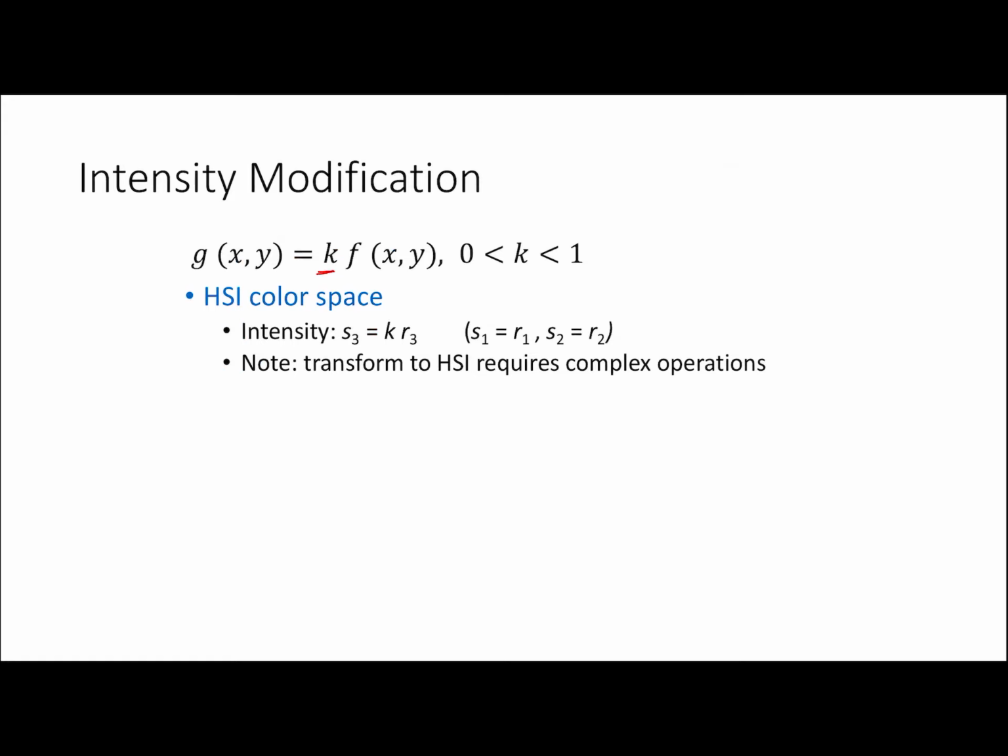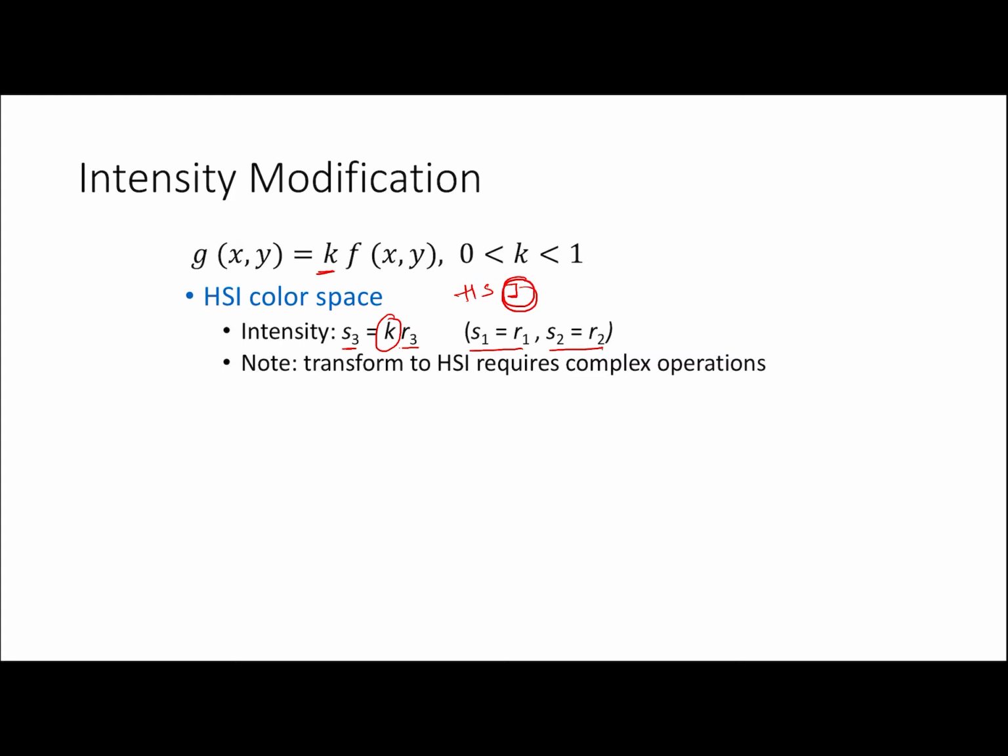In the HSI color space, we need to modify only the intensity component image. So s3 equals k r3, and we let s1 equals r1 and s2 equals r2.